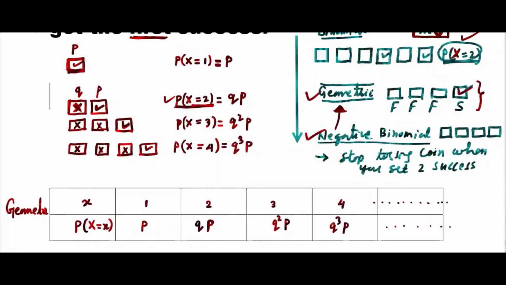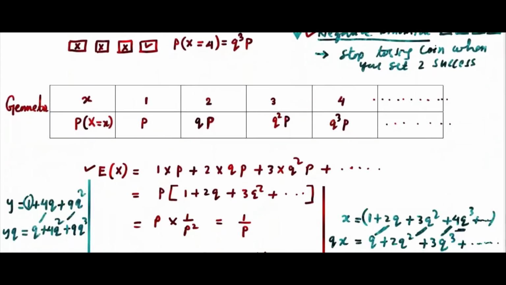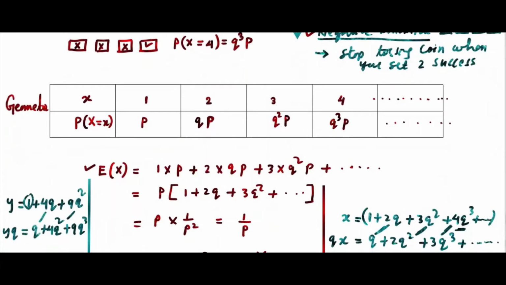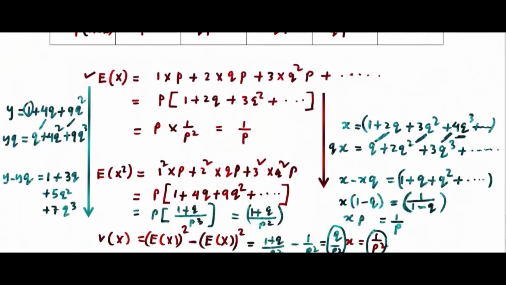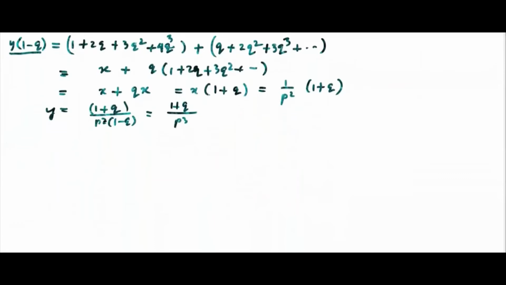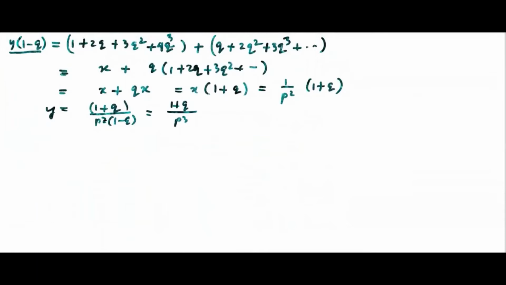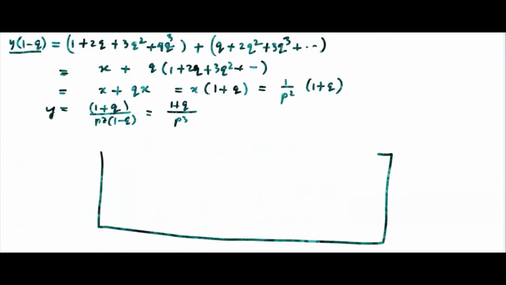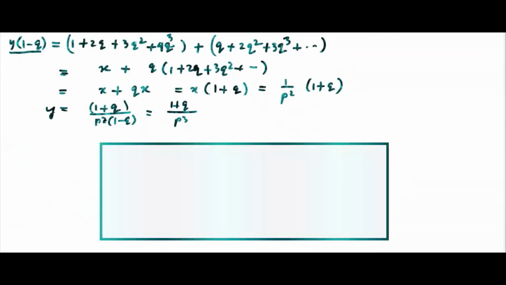This is the geometric distribution, and here you can write this way. Now you can write x follows geometric distribution, where the parameter is p here.